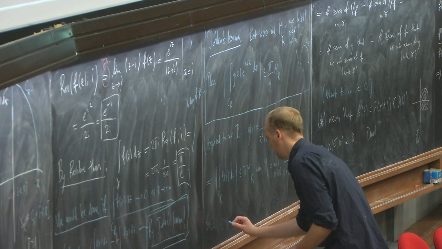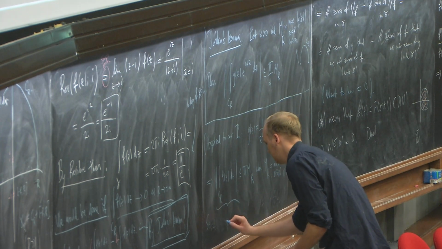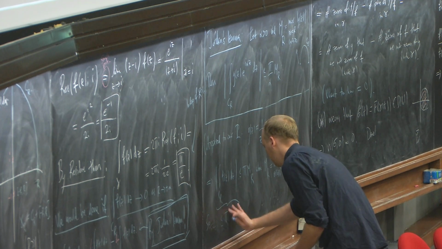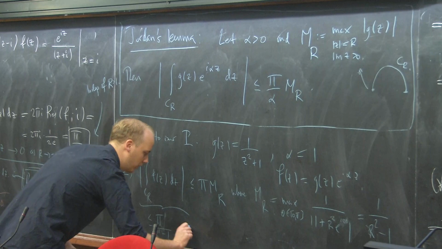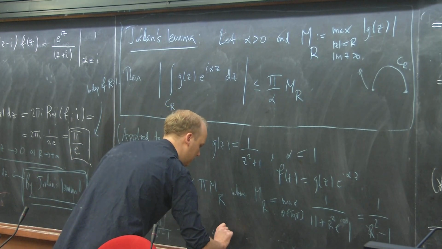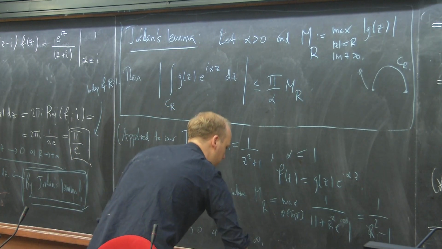So our integral here is less than or equal to pi divided by r squared minus 1, which goes to 0 as r goes to plus infinity.